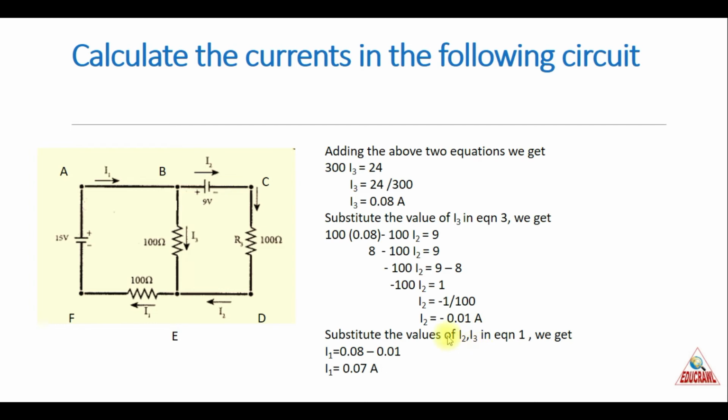Now substitute the values of I2 and I3 in equation 1, and when you simplify you will get the value of I1 as 0.07 ampere. So we have found the values of I1, I2 and I3 by applying Kirchhoff's first law and second law, and just like solving algebraic equations we found the values of I1, I2 and I3.